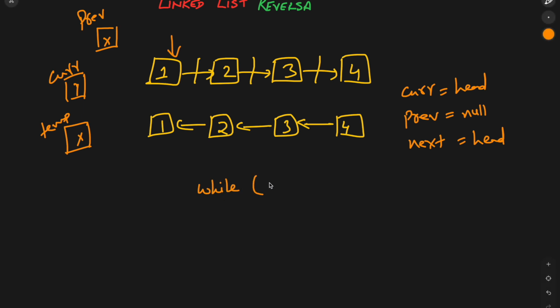While current is not null, what we are supposed to do is, the first thing, point next to the next of the current node.